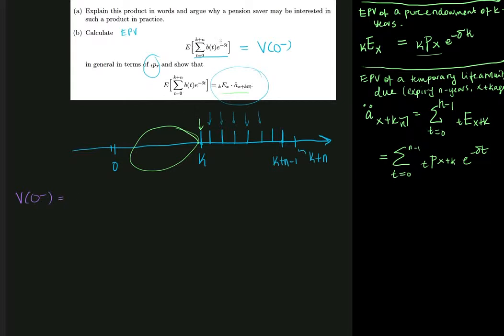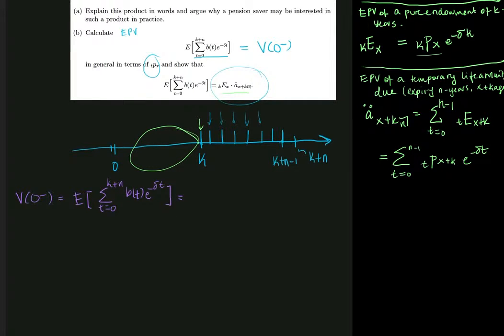So as given here, we need to calculate the expected value of the present value of the payment stream, where we take each of the payments, B of t, and discount them back to time 0, so t years.